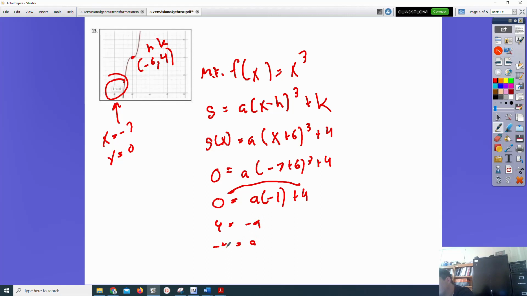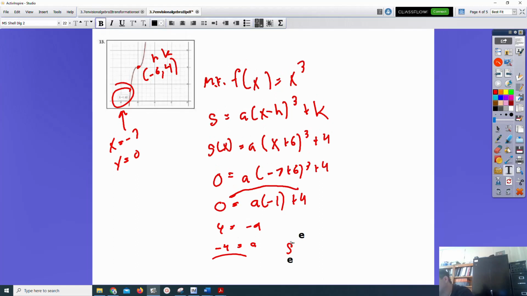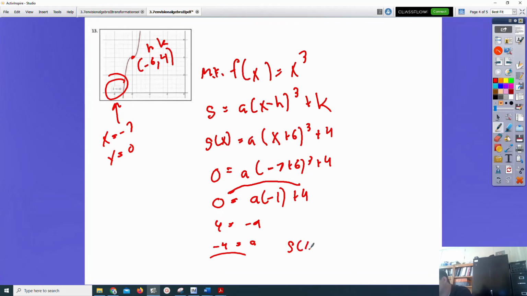A is -4. So here's my function. G of x is -4 times x plus 6 quantity cubed plus 4. And that is the final answer.